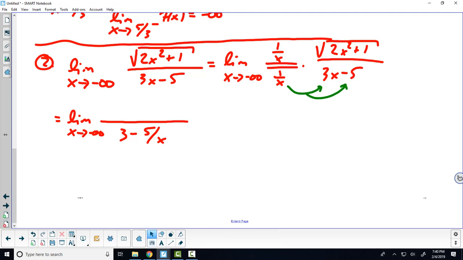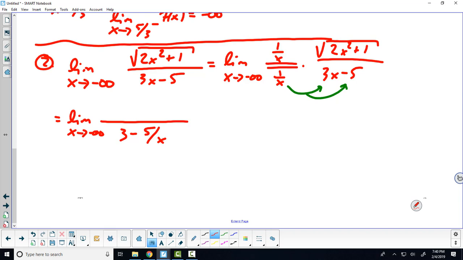When I multiply 1 over x by 3x minus 5, this gives me 1 over x times 3x minus 1 over x times 5. That's the distributive step, right? Everyone okay with that? But what is 1 over x times 3x? The x's cancel, and we just get 3, and then I can write this as minus 5 over x. So that's that step down there.